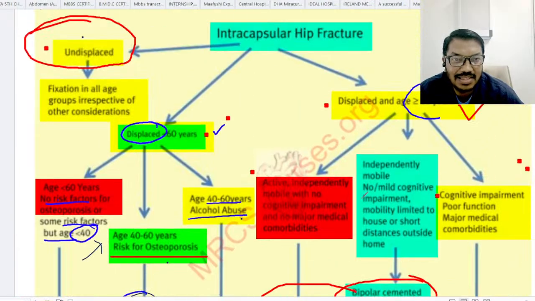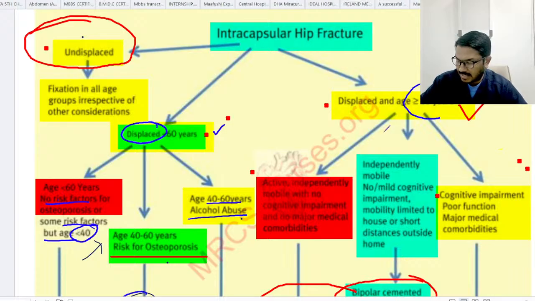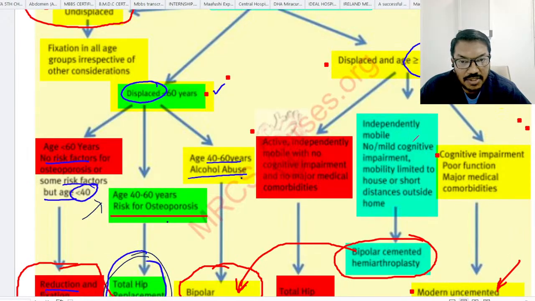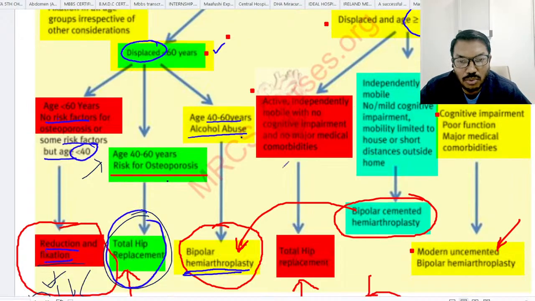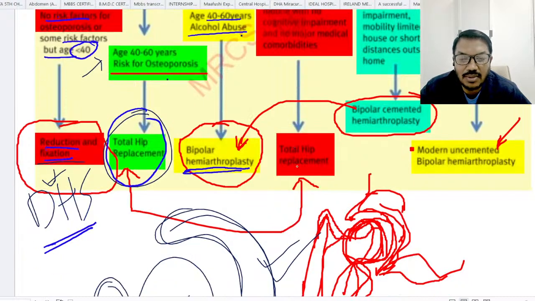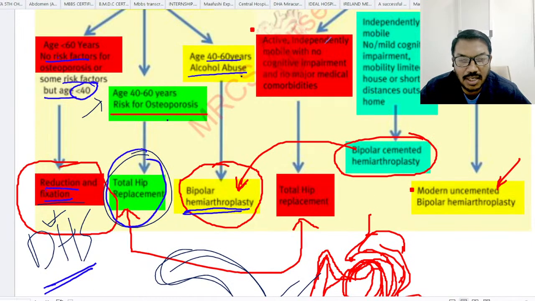Now, displaced fracture, age 60 and above, depends on the patient's quality of life. If the patient is active, independently mobile with no cognitive impairment and no major medical comorbidities, then he also deserves a brand new hip because he's active, mobile, running, jogging, playing football, enjoying with the grandchild at this age.